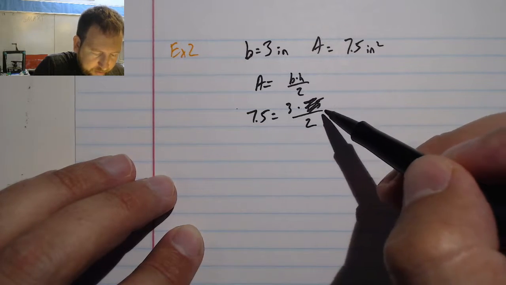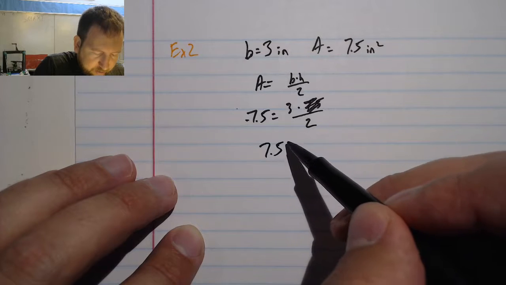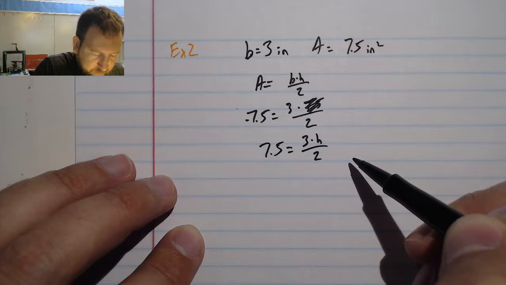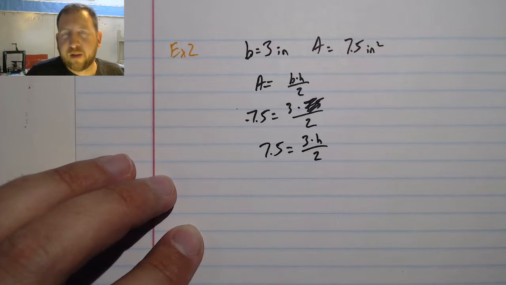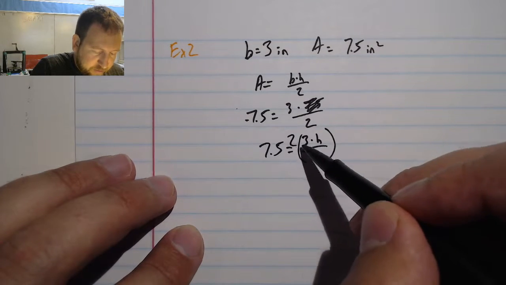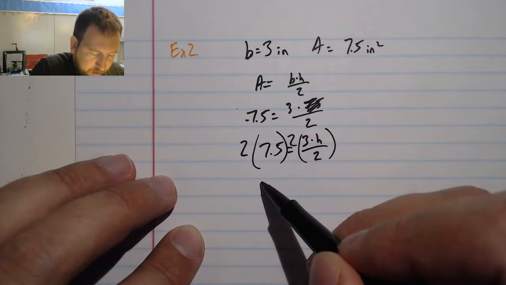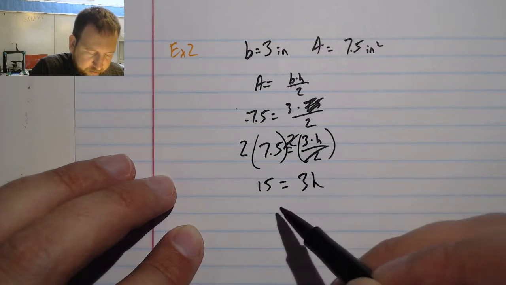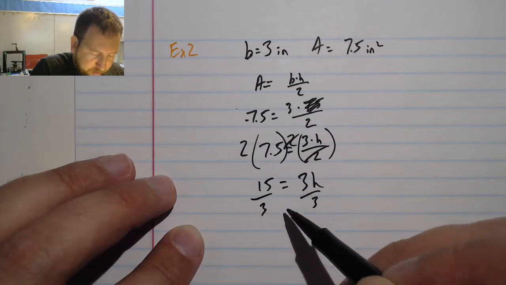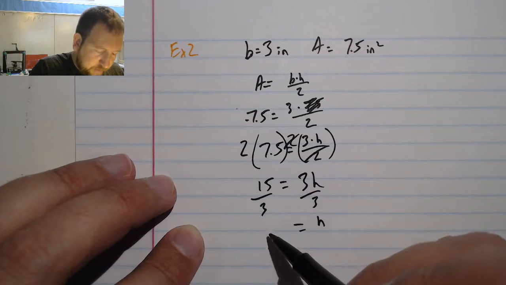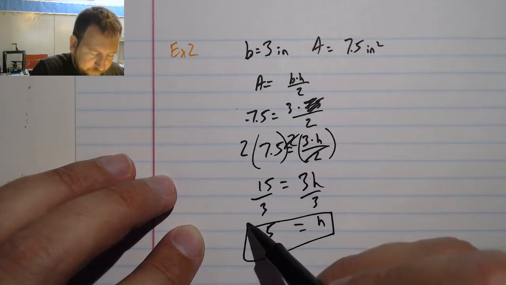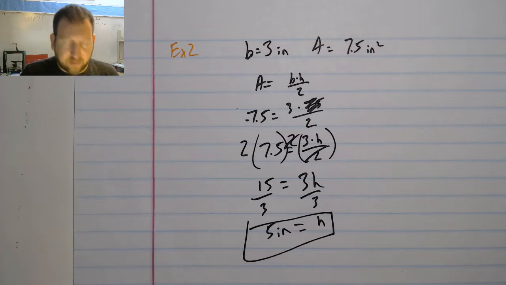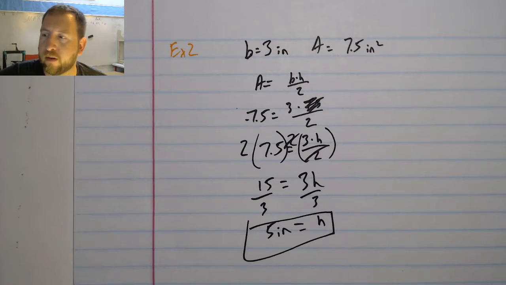Let me write this whole thing over again. 7.5 equals 3 times h over 2. This one doesn't simplify as easily. I'm going to multiply both sides by 2. I have 15 equals 3h. Divide both sides by 3, and I have h equals 5 inches. There we go. I hope that makes sense. If you have any questions, please ask me or find another adult. Good luck.